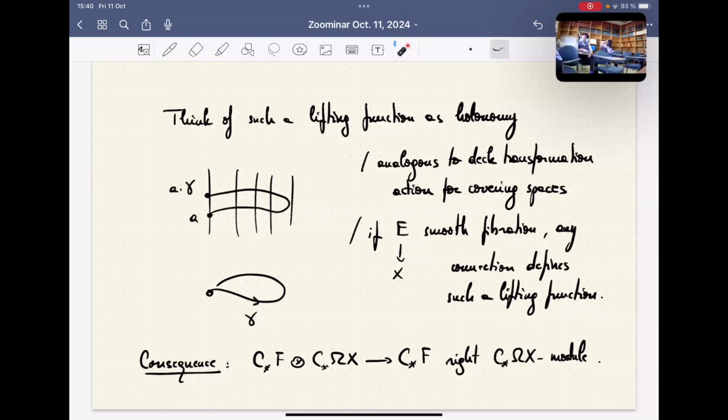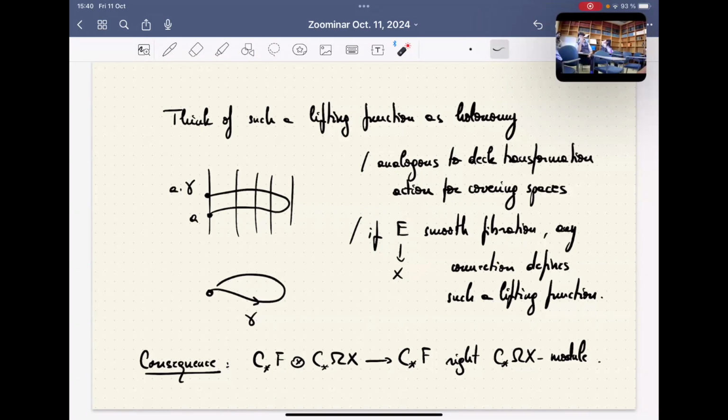And what I said earlier, that transitive lifting functions are unique up to homotopy, is reflected in this language of smooth fibrations in the fact that any two connections are homotopic.